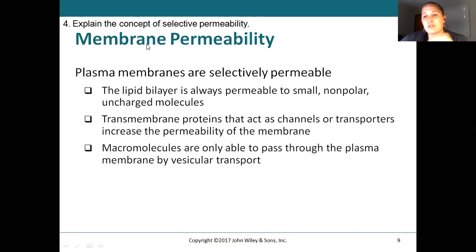Okay, so selectively permeable, if you break down those two words, it's very much what we're talking about when we talk about selective permeability. You're selecting something's ability to be permeable to that cell membrane. As we talked about earlier, the plasma membrane has those phospholipids that face each other. You've got the polar heads that are happy in the water.